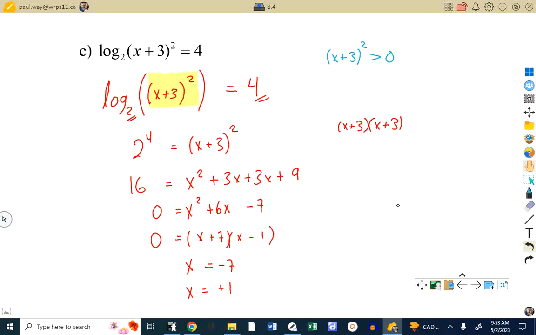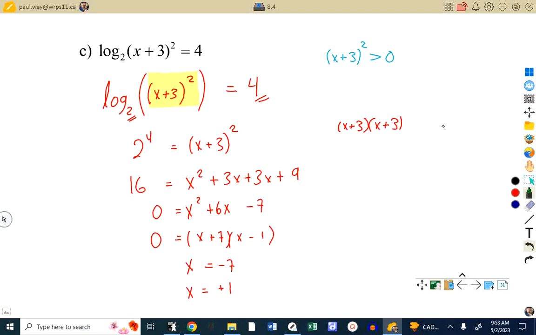No, it won't, because the argument is something squared. It doesn't matter what you put in for x in this highlighted thing. You're going to add 3 to it, but then you're going to square it. There is only one non-permissible value here, and it's -3. Because -3 plus 3 is 0, 0 squared is 0, and that's not allowed. So both of these are valid.